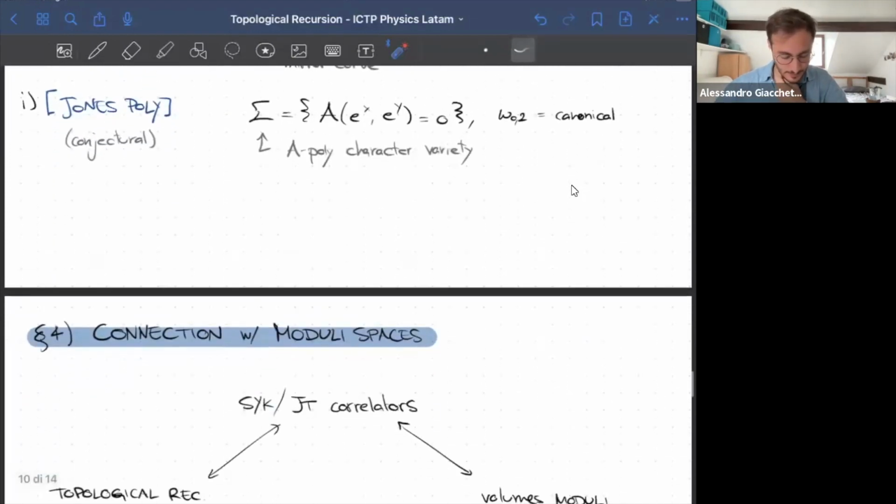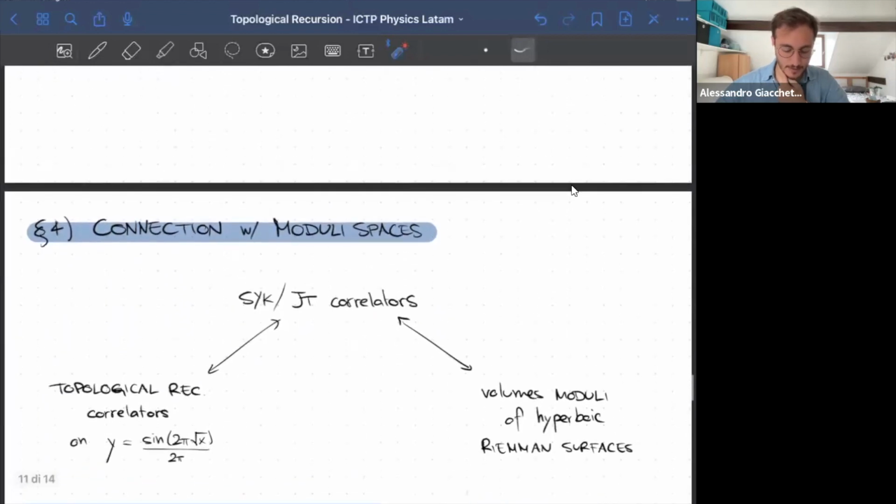And so this is the last thing that I wanted to talk about, which is the connection between topological recursion and the moduli space of curves. In the specific case of SYK or JT, we saw that on the one hand, the correlators of these theories are computed by topological recursion, where the spectral curve is the specific one. But on the other hand, we know that these correlators are related to volumes of moduli of hyperbolic Riemann surfaces.